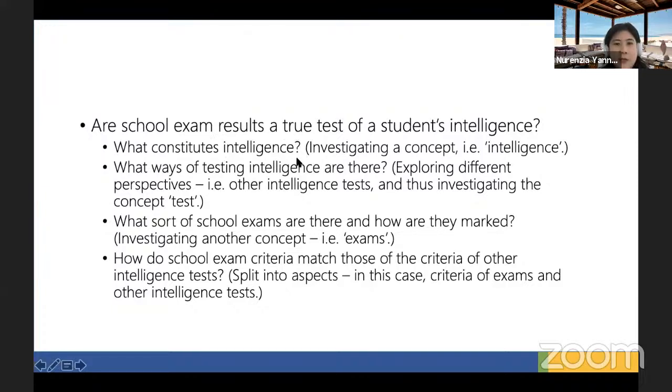Jadi kita akan menjawab ini dulu, yang dinamakan intelligence itu apa. Kemudian cara-cara testing intelligence itu apa gitu ya, karena pertanyaan besarnya tentang tes. Jadi you want to know what ways of testing intelligence there are. Nah, karena pertanyaan besarnya ada tentang exam, maka kita perlu tahu dulu what sort of school exams gitu. Atau how do school exam criteria match those of other intelligence tests.